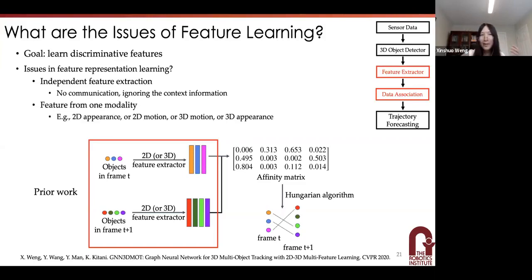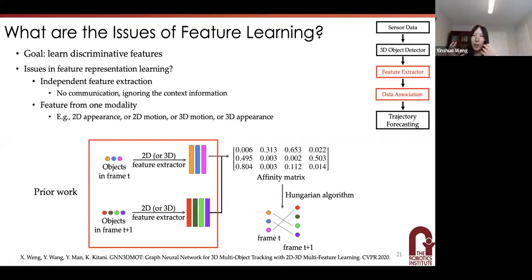The other thing is that the feature is extracted from one modality. Usually people doing 2D object tracking use 2D convolutional neural networks, so this is basically a 2D appearance feature. Sometimes people use LSTM to extract 2D motion features. For people working on 3D multi-object tracking, to get the entire 3D coordinates or 3D trajectories, they usually use 3D motion, because they have the depth information.